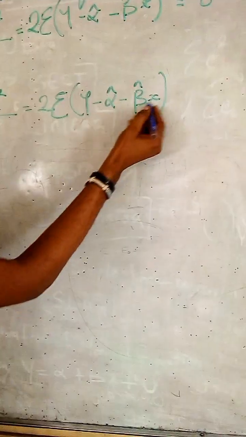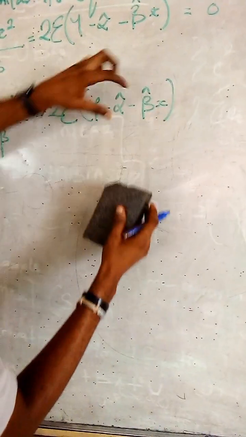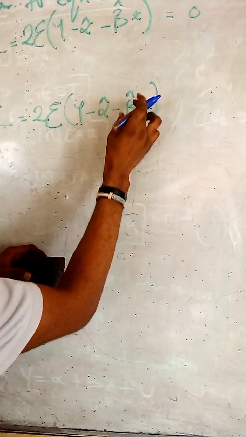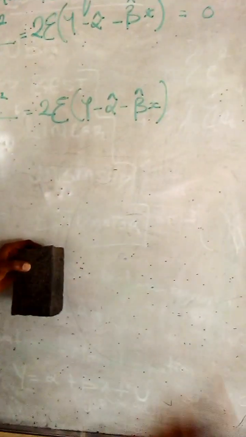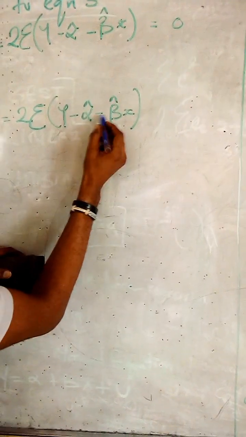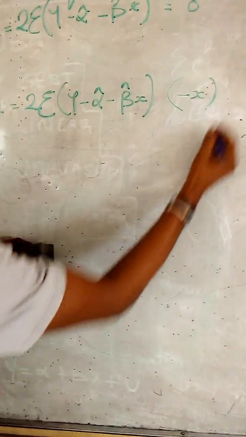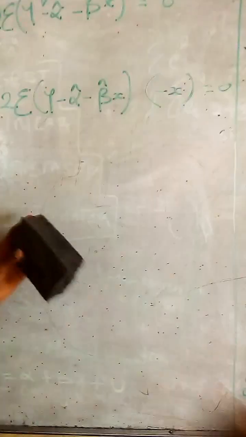Now if I take the derivative of this with respect to beta, what will I be left with? The short way to get it is that if I remove beta, what will you have? Minus x, which equals 0. So let's continue.